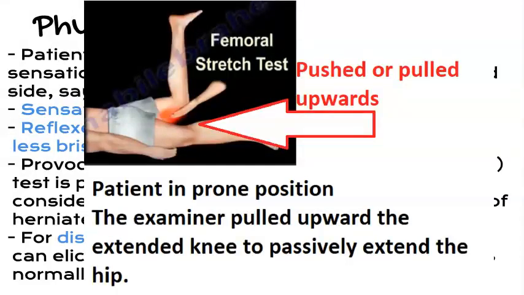This figure shows the femoral stretch test. Patient will be in prone position. The examiner will pull upward the extended knee or push it upwards to passively extend the hip. Pain is a positive sign.